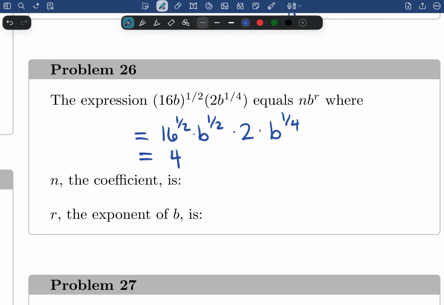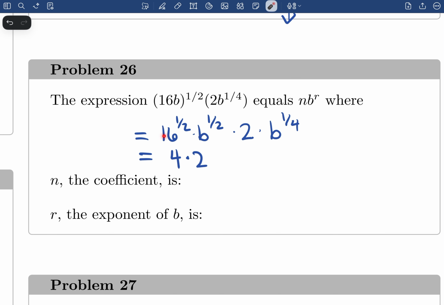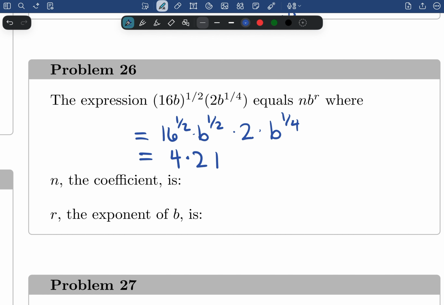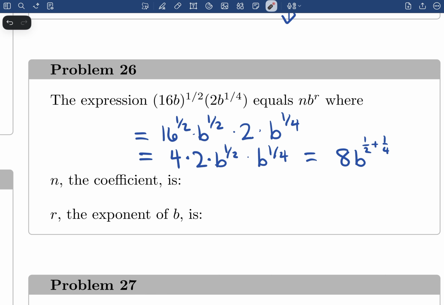And then I'm going to multiply that by 2 because multiplication is commutative. So I'm going to take that result of 4, multiply by 2, and then multiply my bases of b, like b to the 1/2 and b to the 1/4, like this. And so 4 times 2 is 8, and b to the 1/2 times b to the 1/4 is b to the 1/2 plus 1/4. We're going to use the product rule of exponents, okay?